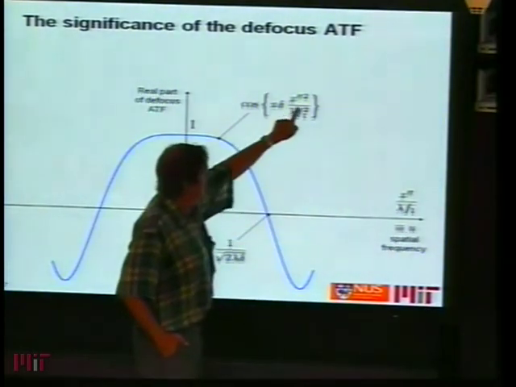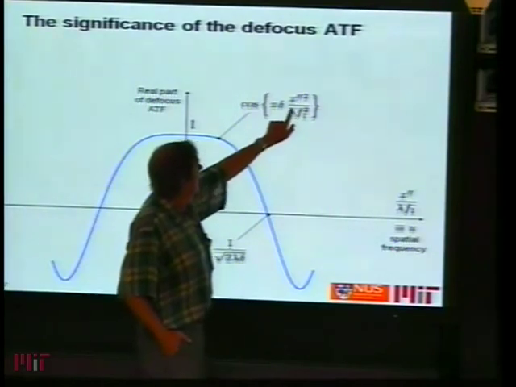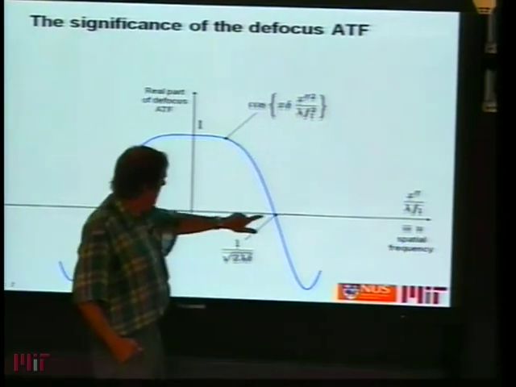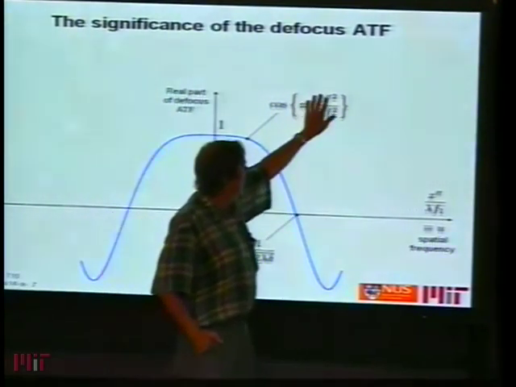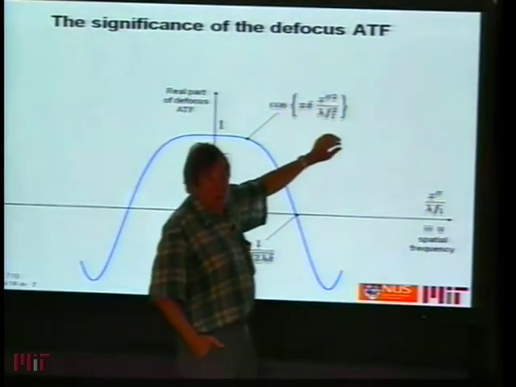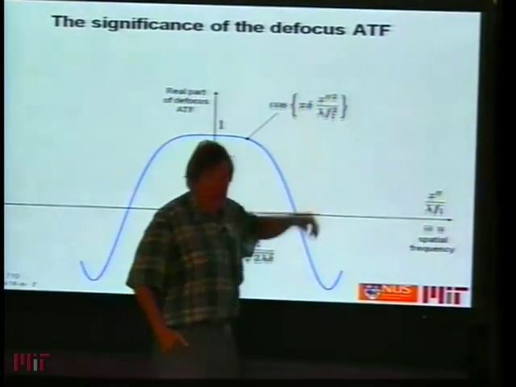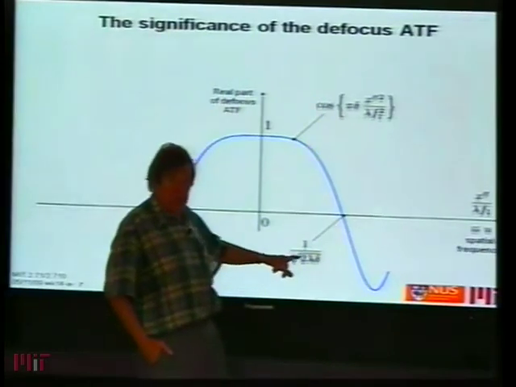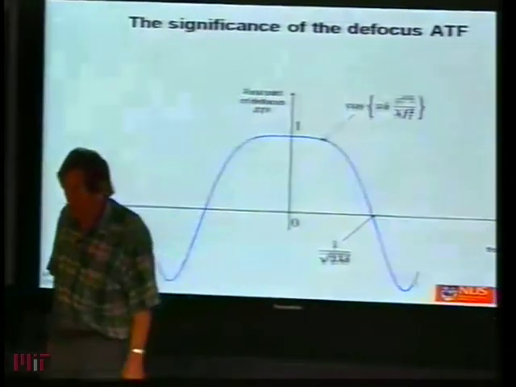So this is just u squared here. And he says that this crosses the axis where this argument is equal to pi over 2. And if you solve that, you'll get this. So that's where it crosses the axis.